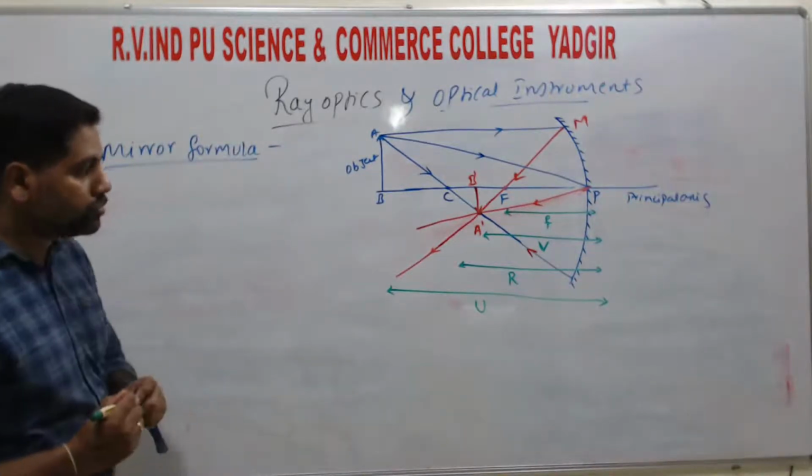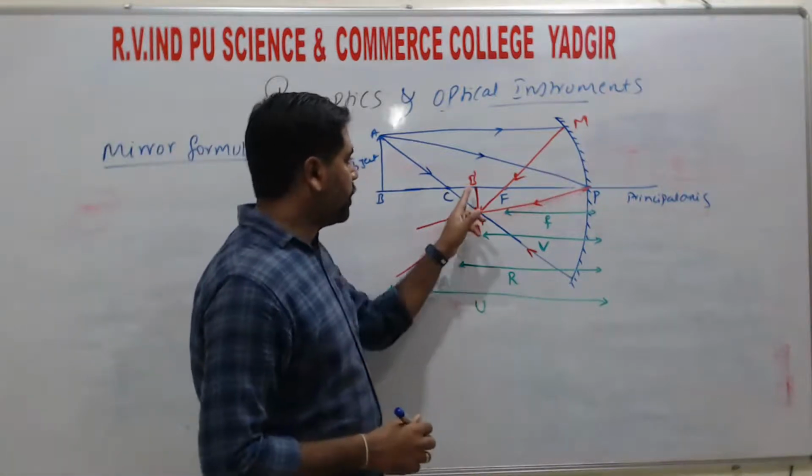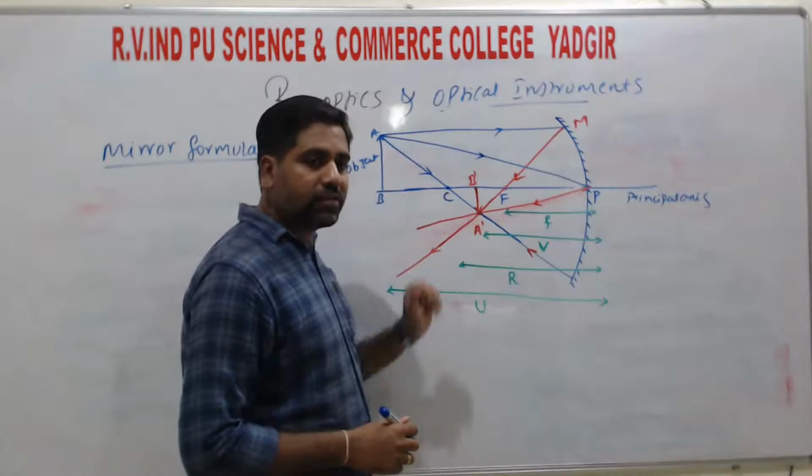So now, from the triangles, if you observe here, B dash A dash is the image.